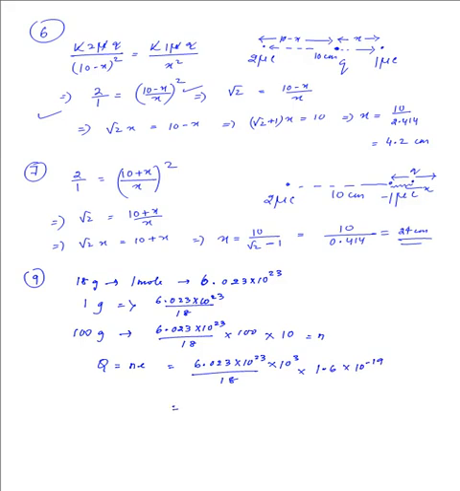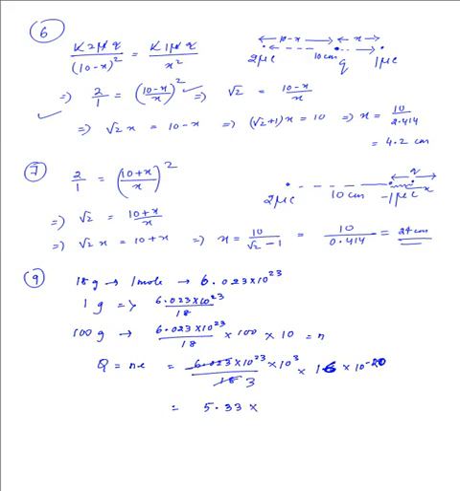Instead of 1.6, I can take it as 16 and take this as 10 raised to the power minus 20. It's all the same, and 16 can cancel out with the even number 8. Now 6.023 can be approximated as 6, so that cancels out with 18 3 times. And 16 over 3 is nearly about 5.33.